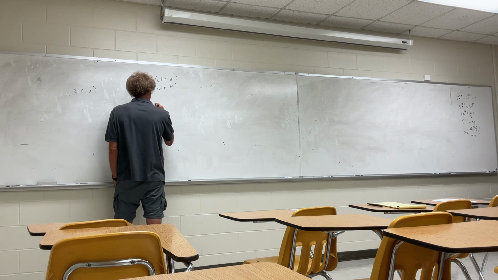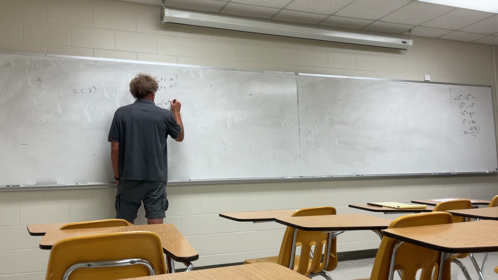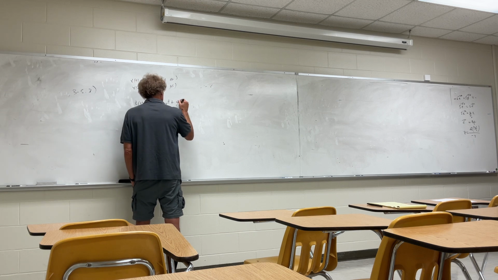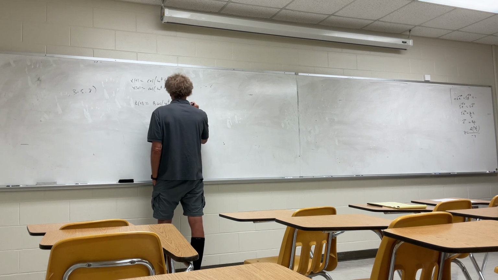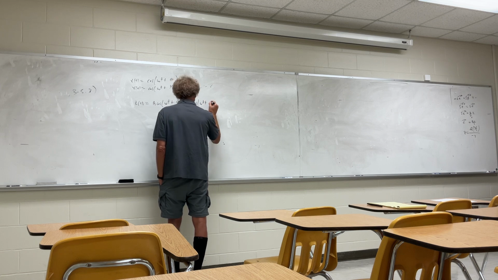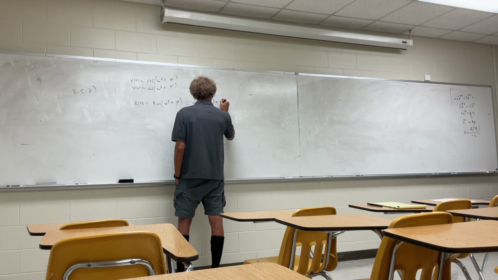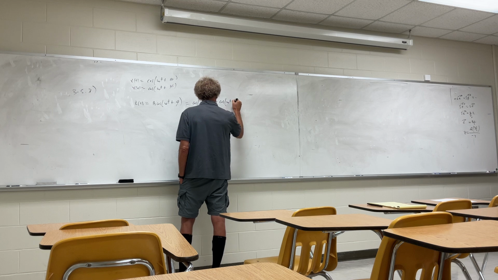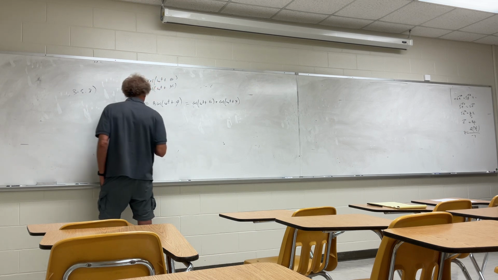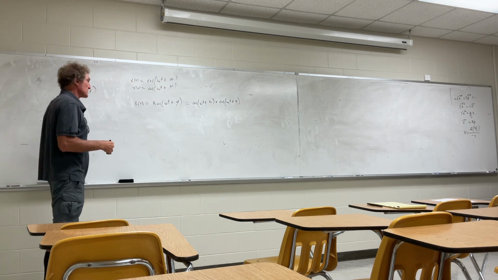It's going to be some A cosine of omega t plus phi, and that's equal to cosine of omega t plus theta plus cosine of omega t plus psi. Okay, now he has some questions for you.